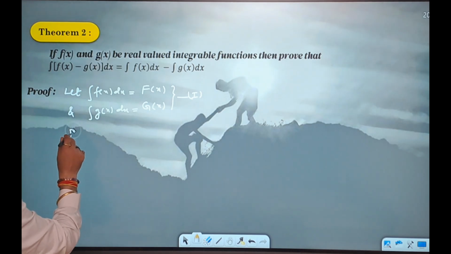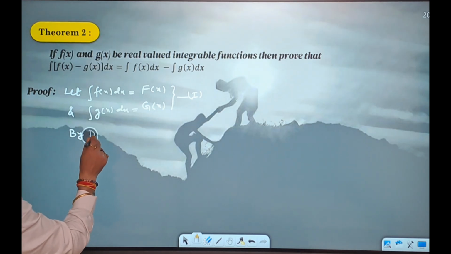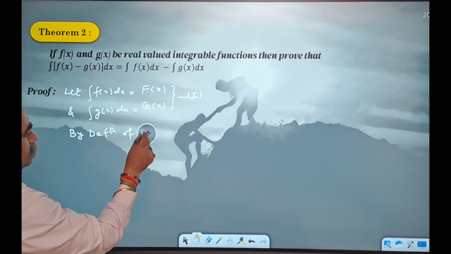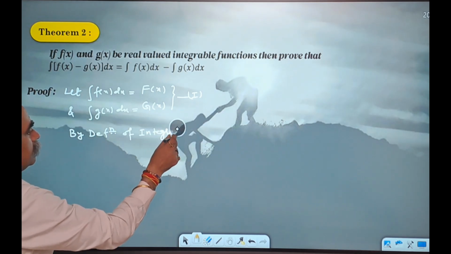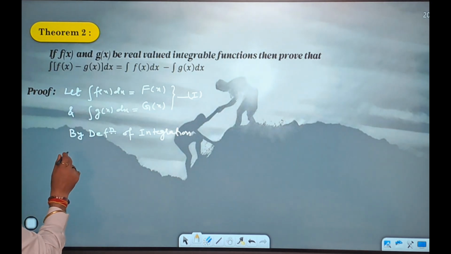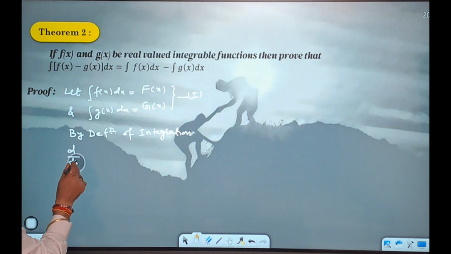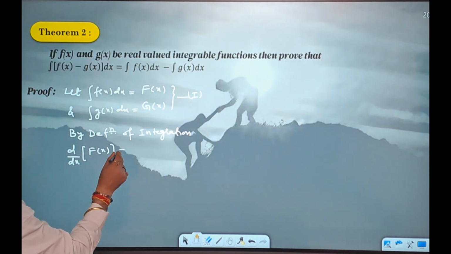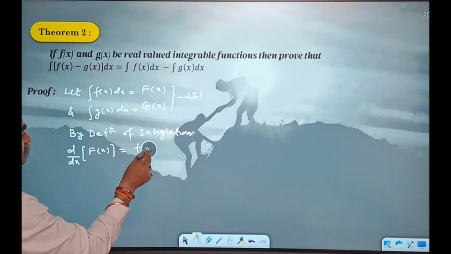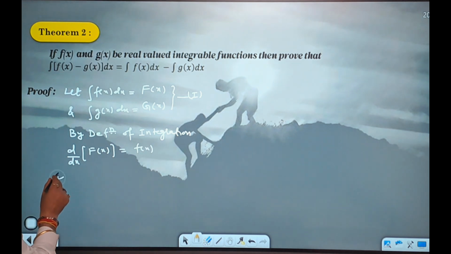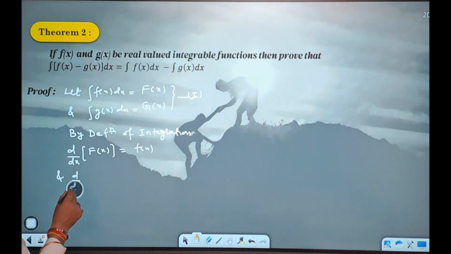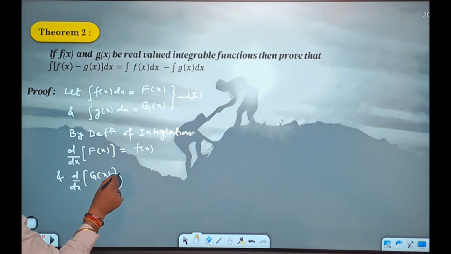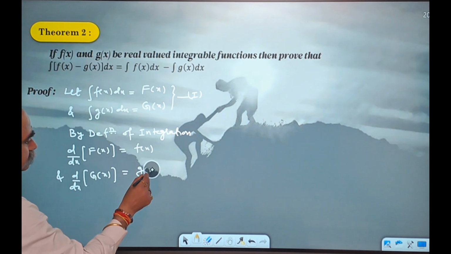By definition of integration, derivative of capital Fx is small fx, and derivative of capital Gx is small gx.